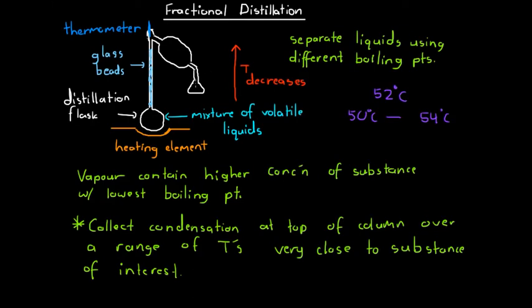However, it's very unlikely that we will obtain a completely pure sample. It's very hard. We can obtain relatively high purity, usually around 95% purity. So there will be some other substances from this mixture of volatile liquids that will make their way into our collection flask.